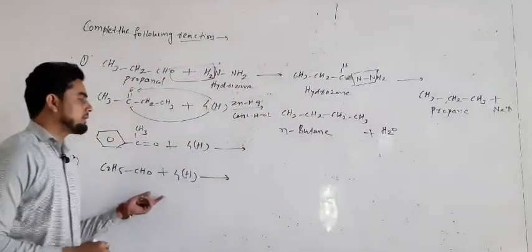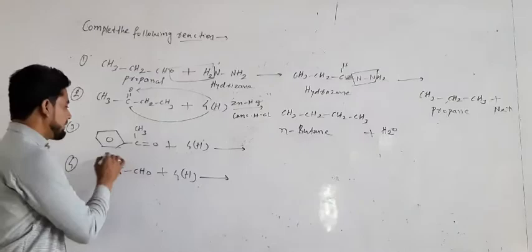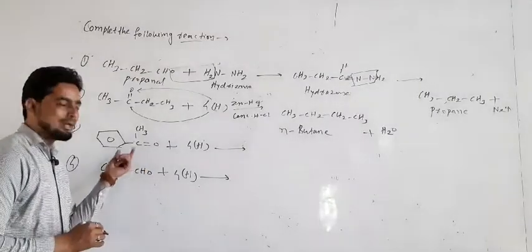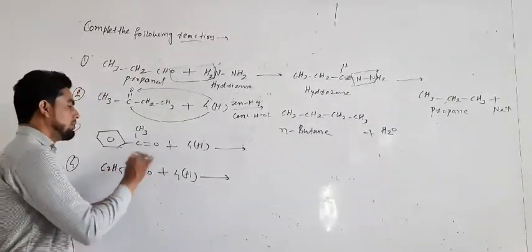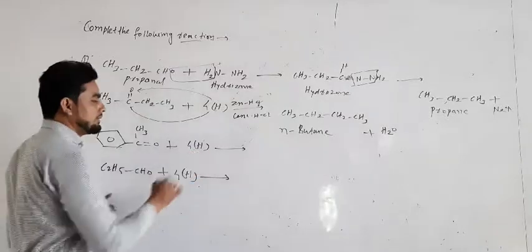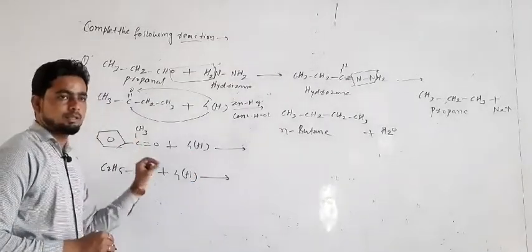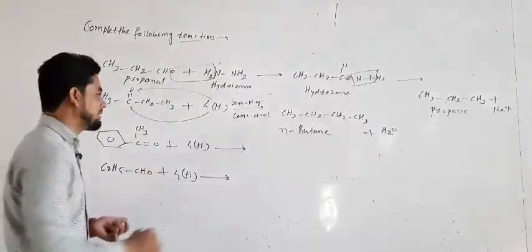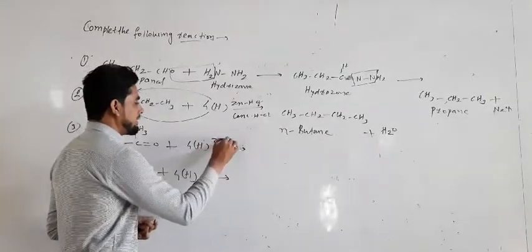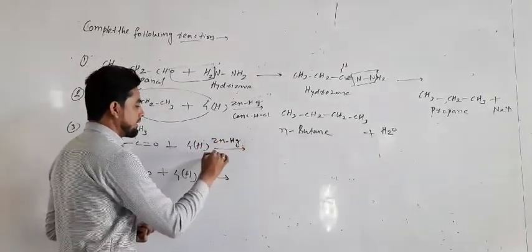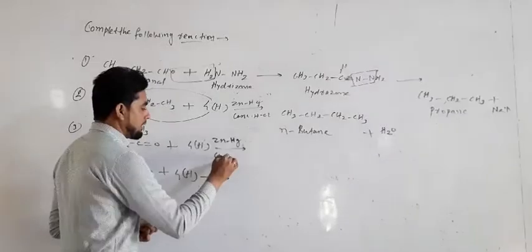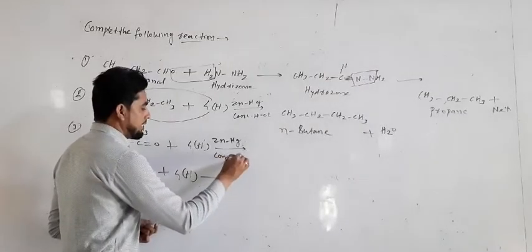Now we take the third reaction. It is also an example of acetone or ketones, in which we add 4 hydrogen. It means it is a Clemmensen reduction reaction, and the Clemmensen reduction takes place in presence of zinc Hg, called zinc amalgam, and concentrated HCl.